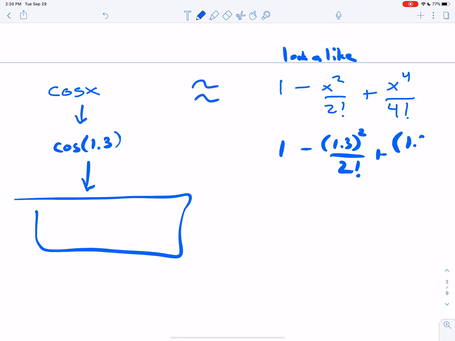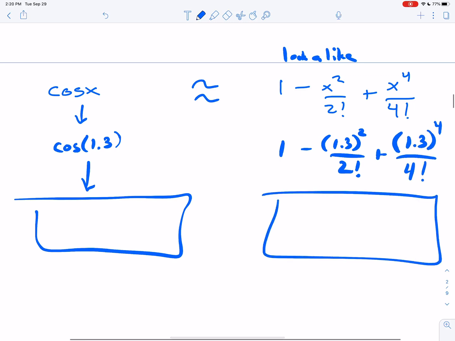I want you to go ahead and plug this into your calculator and then write your answer here. If you don't have it yet, please press pause, but if you do have it, go ahead and continue.